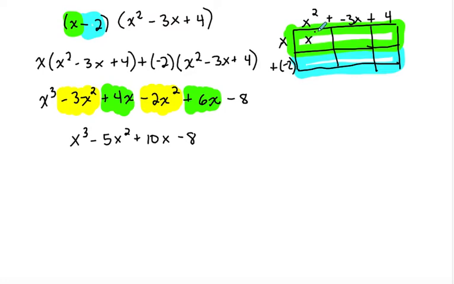So if I look here, I'm going to have x to the third, negative 3x squared, positive 4x, negative 2x squared, positive 6x, and negative 8. And then I can combine my like terms here, so I have x to the third minus 5x squared plus 10x minus 8. And we can see through verification through that other method that I'm going to end up with the same result.